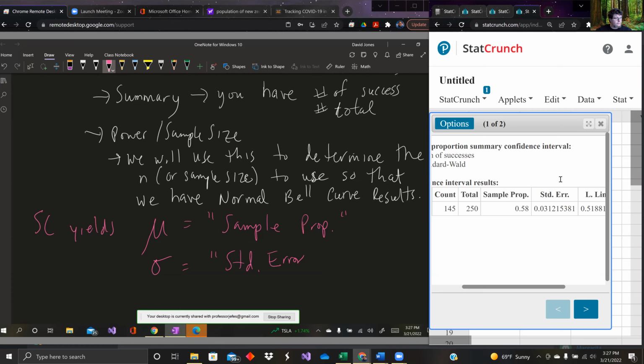Yeah, that is sigma. That's standard error. That's our sigma. That's not the margin of error. The margin of error was 0.06. Okay, that's what it gives us.